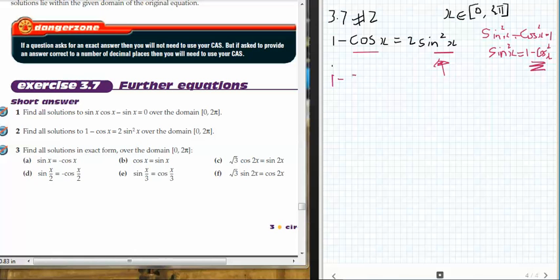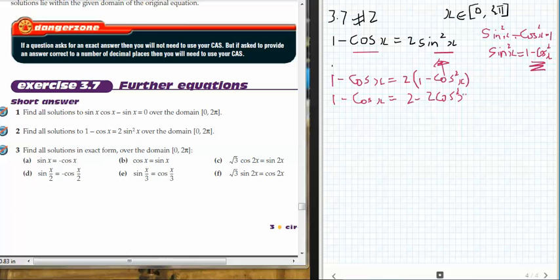1 minus cos of x will equal 2 lots of sine squared, which is 1 minus cos squared. So 1 minus cos of x equals 2 minus 2 cos squared of x.